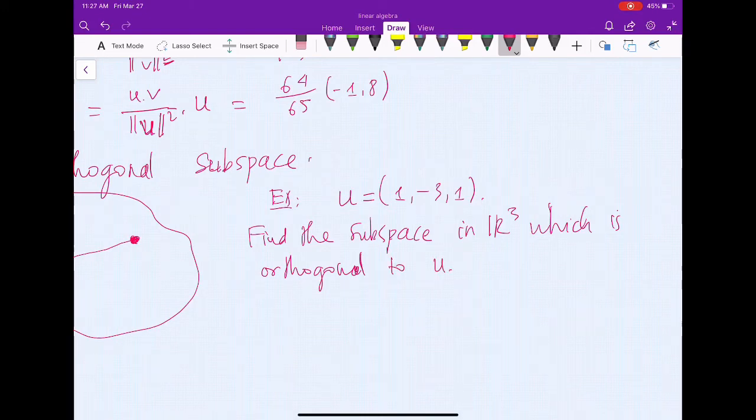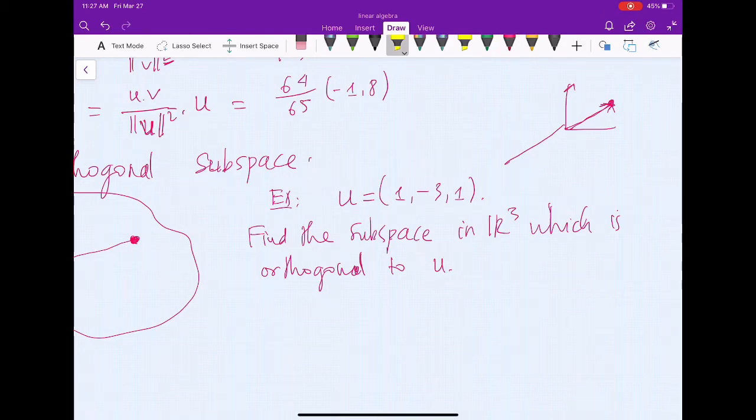You have R3 in here, you have some point right here, or you have some vector. And you need to find all vectors in R3 such that they are orthogonal to it, the subspace in R3 which is orthogonal to U. So you can imagine that should be a plane, right?